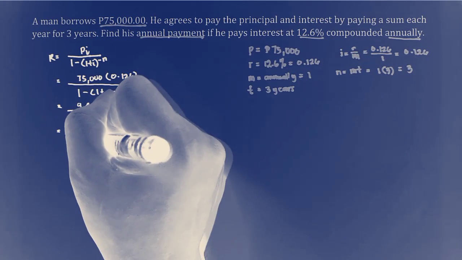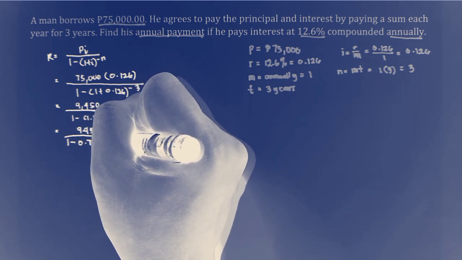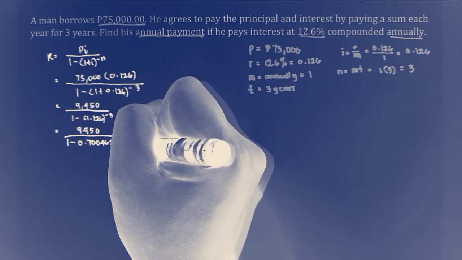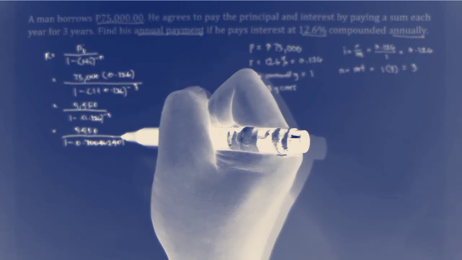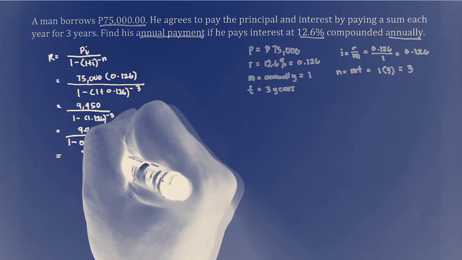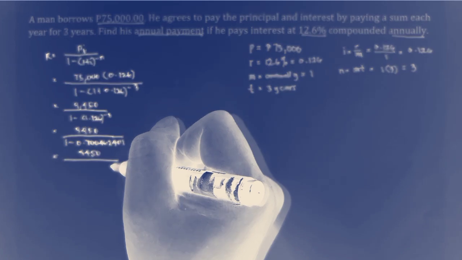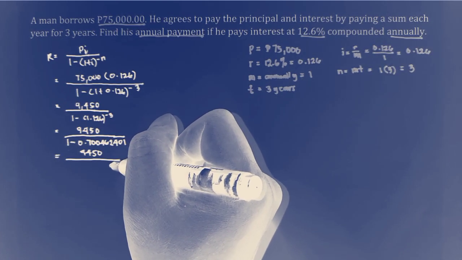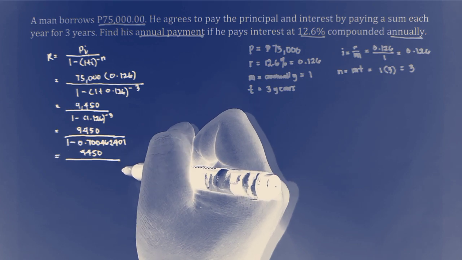That is equal to 0.700462,401. Okay? And then, subtract natin yung nasa denominator natin. So 9,450 over yung 1 minus 0.700462,401.